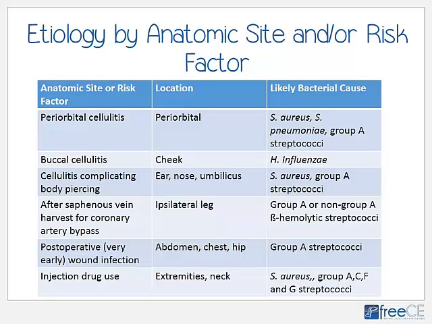So again, it's relatively common to see gram-positive organisms, typically Staph aureus and group A strep, but there are some circumstances where you may see some other bacteria that could be involved. So there's a lot in terms of knowing the specific location that really helps in determining the etiology.